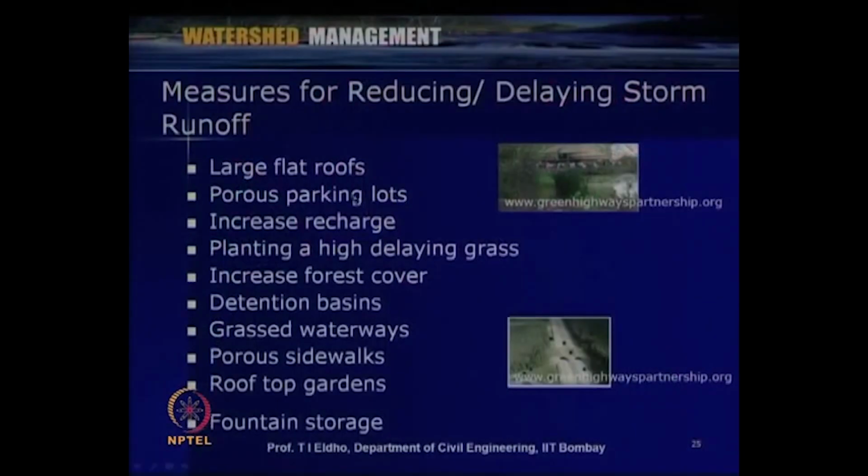A number of measures are available, and some of those which we can utilize include large flat roofs, porous parking lots, increased recharge, planting high delaying grass, increased forest cover, detention basins, grassed waterways, porous sidewalks, rooftop gardens, fountain storage, etc.